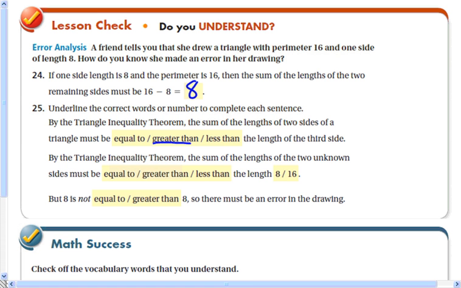By the triangle inequality theorem, the sum of the lengths of the two unknown sides must be greater than the length of 8, the known side. But 8 is not greater than 8, so therefore, you must be in error.